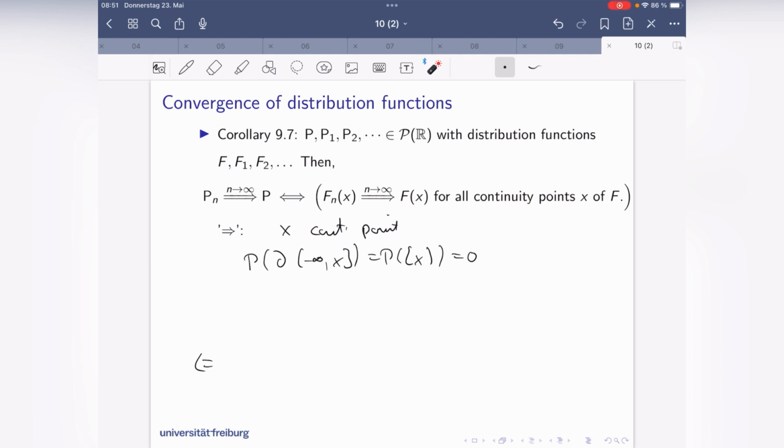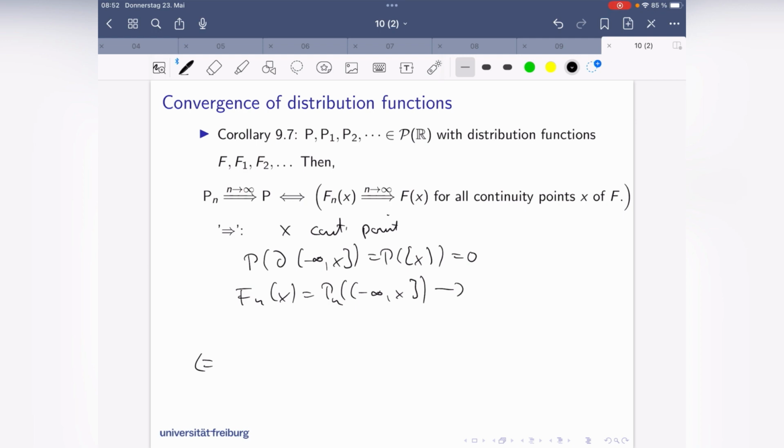Yeah, so a continuity point of f is a point where this is 0, and I have to show convergence of fn of x at all continuity points. Fn of x is p n of minus infinity to x.